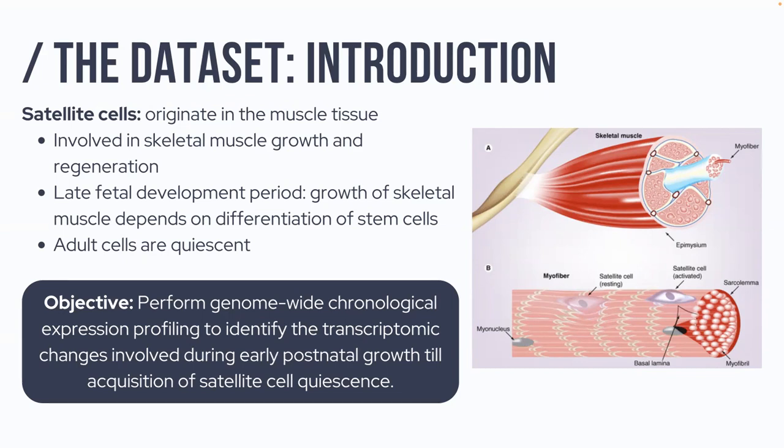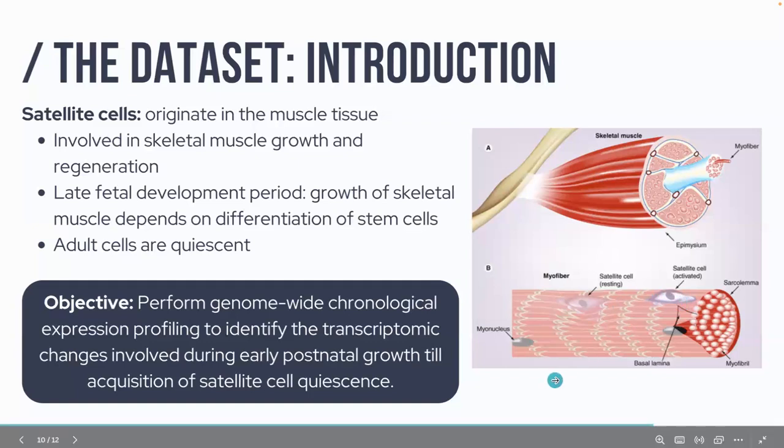And so when we're adults, we have more of these adult stem cells, and they can be stimulated or activated. So for example, if there was an injury to tissue, then these satellite cells will be activated and will promote muscle growth and regeneration.